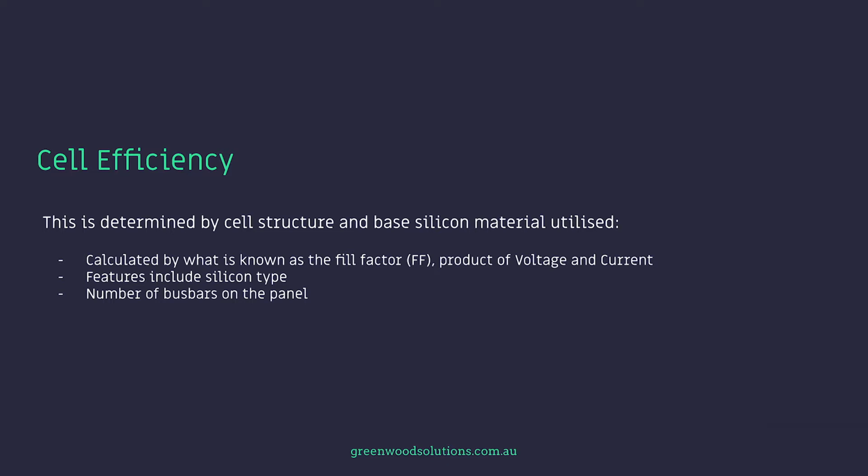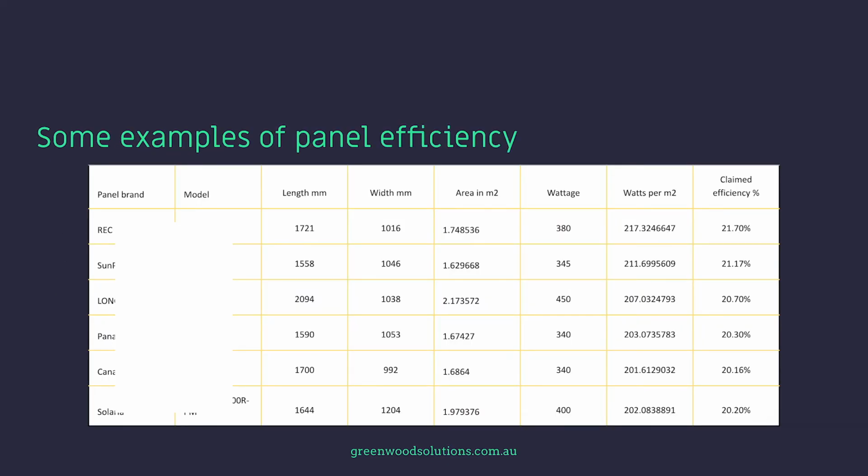So in this example, we have panel brand and model, and I have blanked out the actual brands. It shows the length and width and the area in meters squared. So obviously that's the length times the width, converted into meters squared.